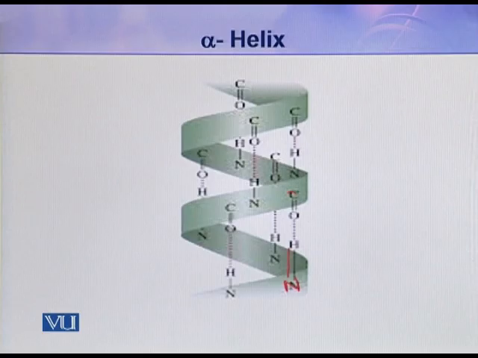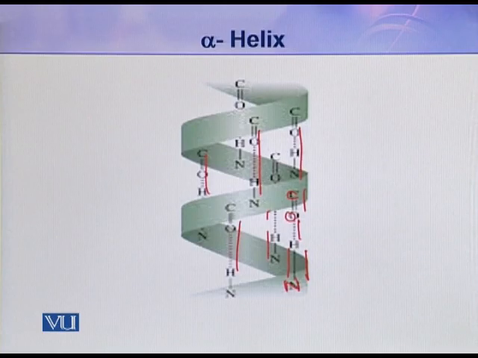Similarly, oxygen is attached with a carbon. So a hydrogen bond is established between the amide hydrogen and the carbonyl oxygen. So these two amino acids, one amino acid this and the other one is this, are linked together through hydrogen bonding. So all the amino acids present in this helix are hydrogen bonded.